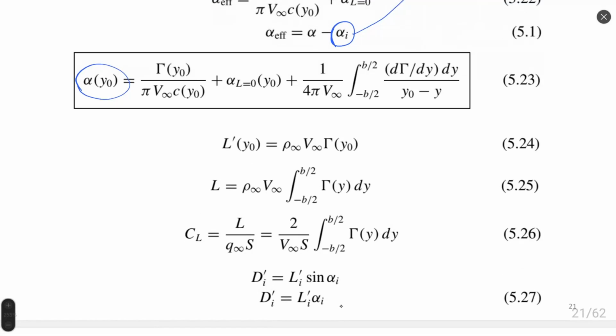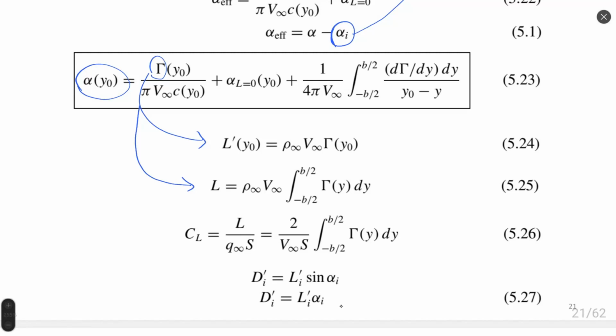Once we solve this equation, we will obtain gamma. Then we can use it to calculate lift per 1 meter of wing. We will be able to calculate total lift on the wing by integrating the previous function.